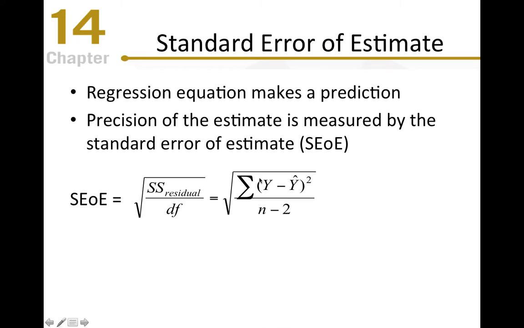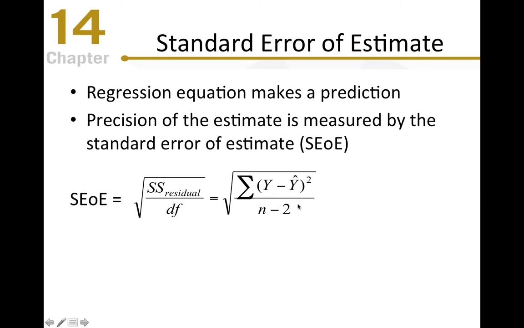We are calculating the deviation from the observed y to the predicted y. We're squaring that to make them all positive so nothing is canceling each other out, and we're summing that. That's exactly how we calculate error.